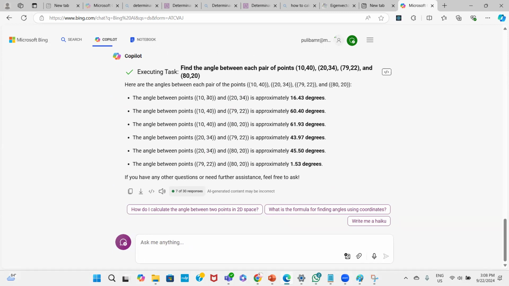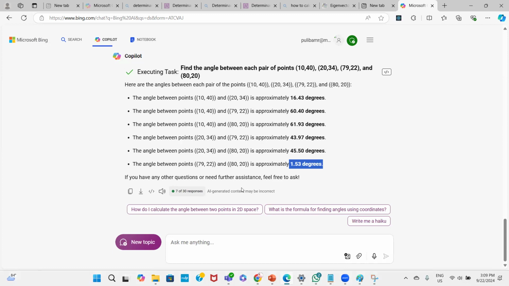They are not so similar, but compared to the others they are a little similar, right? Between these two, they are 43 degrees. These two are more similar because the angle is very small. These are similar, but not as similar as 79 and 80. And the rest are all very far from each other.